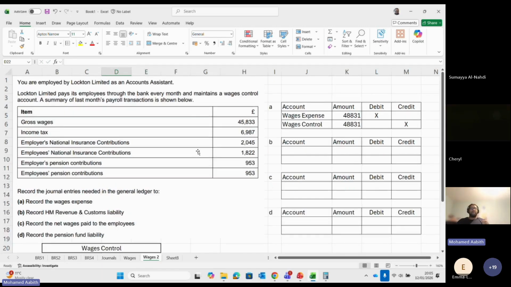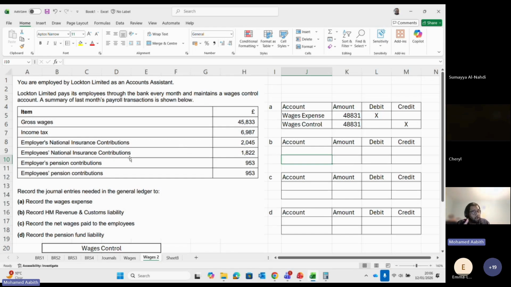Now they're asking you here, what is the HMRC liability? So if I'm going to think about HMRC, what does HMRC take from the employee? They take PAYE income tax, and then also they take the employee national insurance contribution. And the employer also gives HMRC the employer's national insurance contribution. So what we need to do in that case, we have to remember this is not your expense when it comes to the employee's contribution.